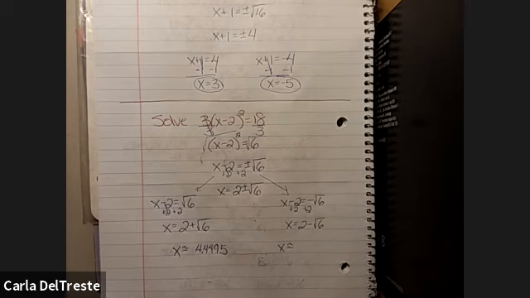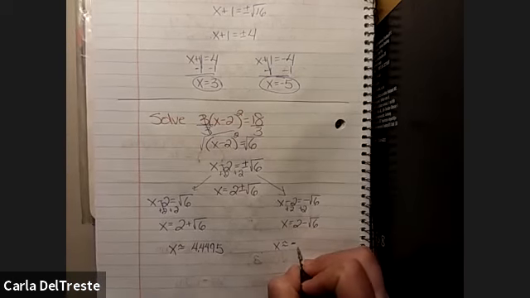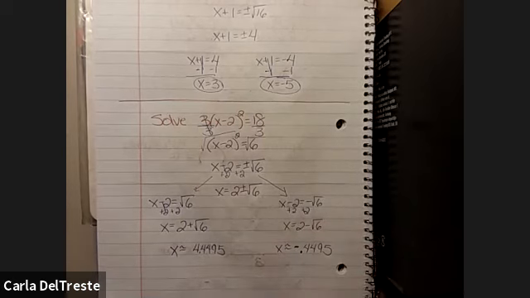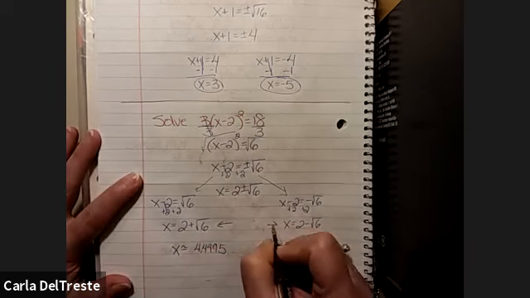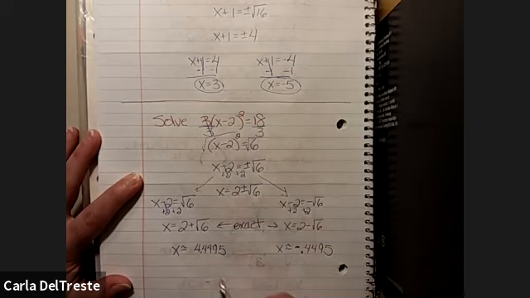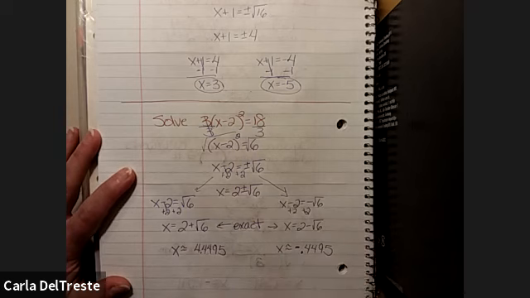Or I have 2 minus the square root of 6, which gives me approximately negative 0.4495. These, remember, are your exact answers, and these are your approximate answers. So also pay attention to how they want you to give the answer.